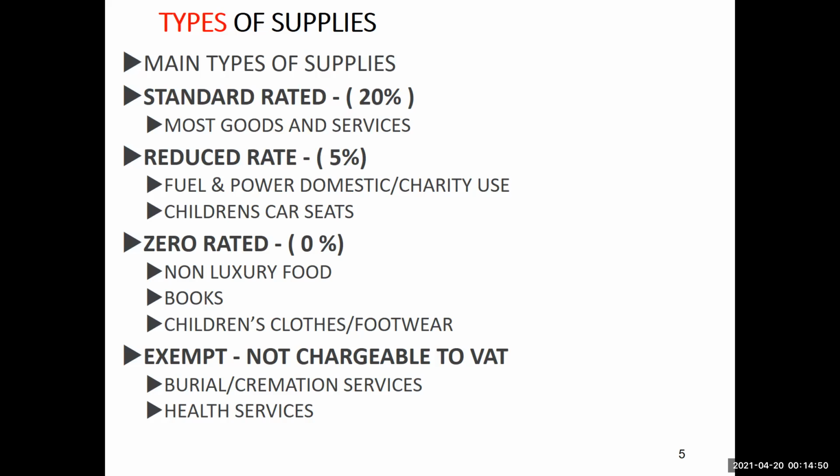These are the types of supplies that we can consider. In any case that we deal with in terms of computations and analysis, let's try and see where these products and services fall. Again, we'll normally indicate whether this is a standard rated supply or a reduced rate. But let's also dig deep in our readings and our discussions to know which products fall under which category.